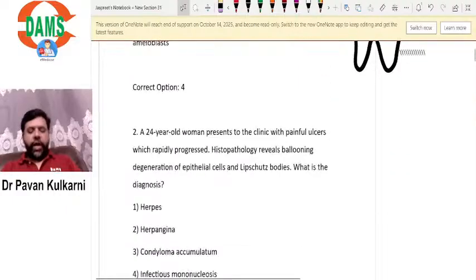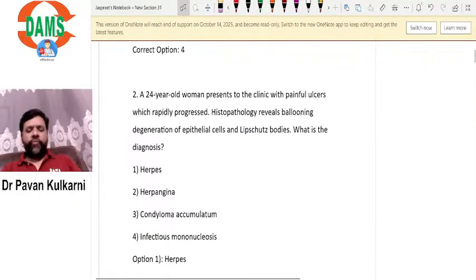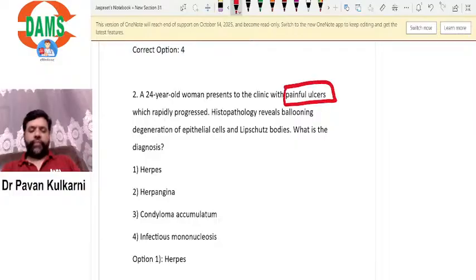Okay, next. A 24-year-old woman presents to a clinic with painful ulcers which rapidly progressed. Whenever they give a clue, the first thing you have to find out is whether the ulcer is painful or painless.